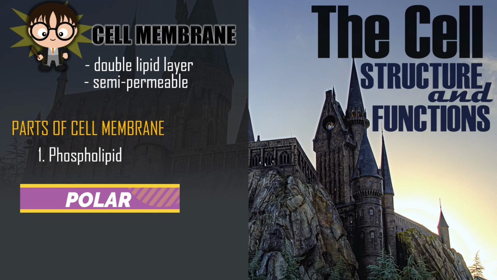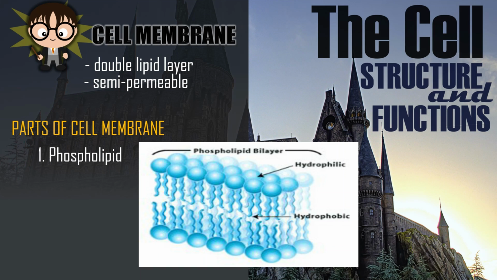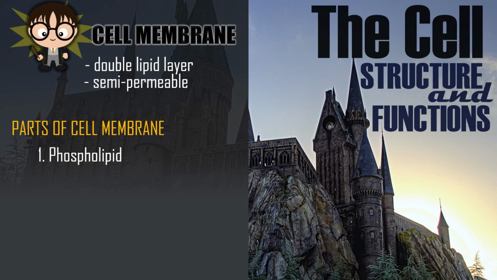Phospholipids are polar in nature. It is made out of a hydrophilic head and a hydrophobic tail. Hydro means water, philic means love, so the head is water-loving. Hydro means water, phobic means fear, so the tail fears water. Between the two, the hydrophilic head has direct contact with the external environment compared to the hydrophobic tail.